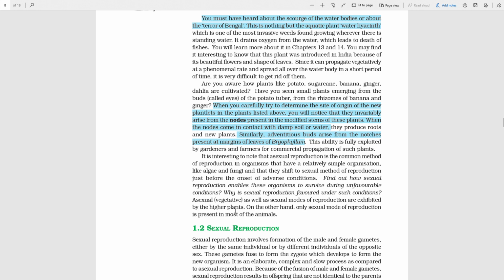So we animals belonging to the class Mammalia and Aves and other phyla can only have sexual reproduction. Whereas these plants have a fascinating property of going into a sexual mode of reproduction to save themselves from the adverse conditions they are surrounded by.